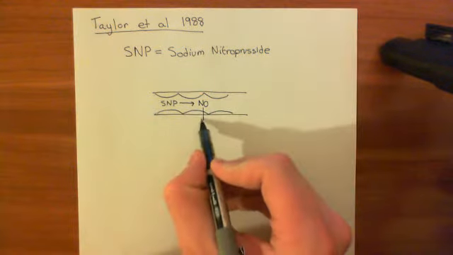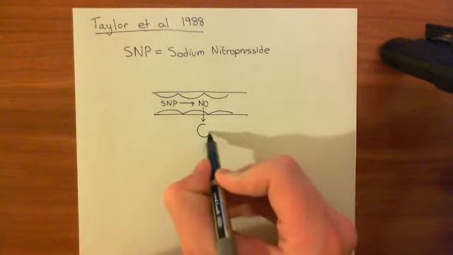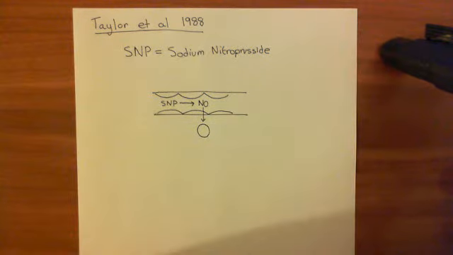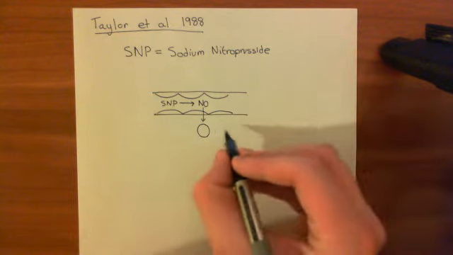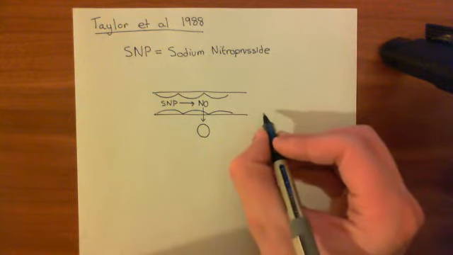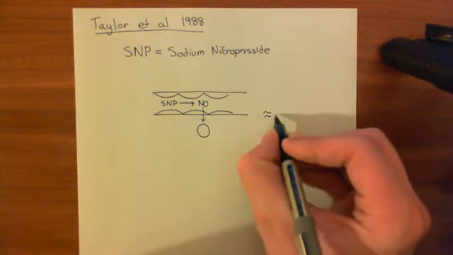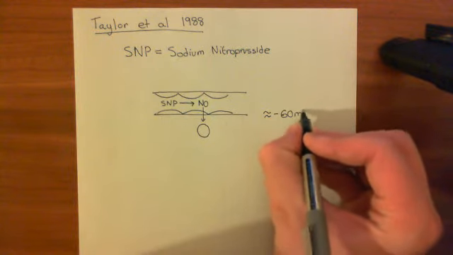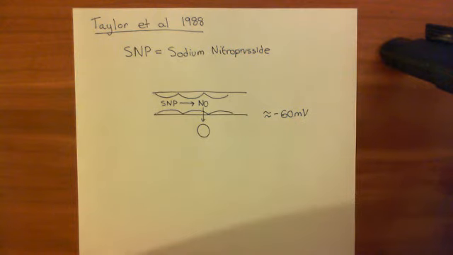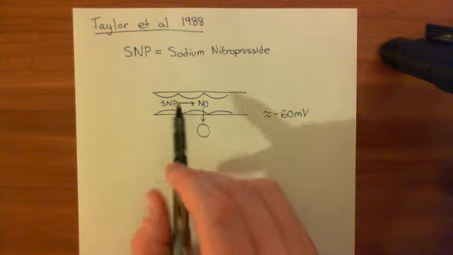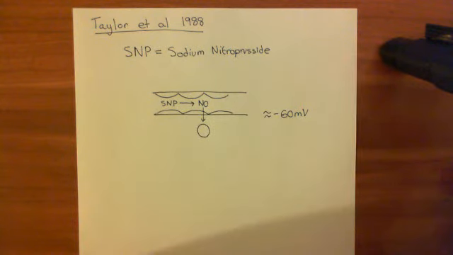So it should go through to the vascular smooth muscle cells, which we'll draw here, and if this is responsible for hyperpolarization, we should see that the electrical potential difference across the membrane of this smooth muscle cell, which is usually approximately negative 60 millivolts, should be hyperpolarized, and you don't see it. So no hyperpolarization is observed in response to the nitrovasodilator sodium nitroprusside. So this, once and for all, shows that nitric oxide is not responsible for hyperpolarizing these smooth muscle cells.